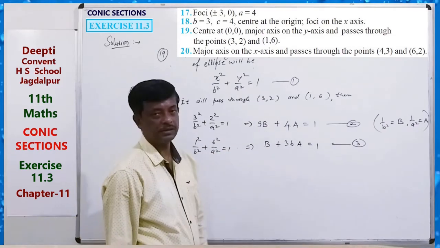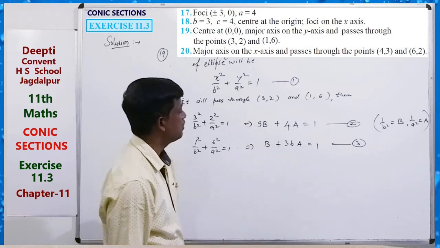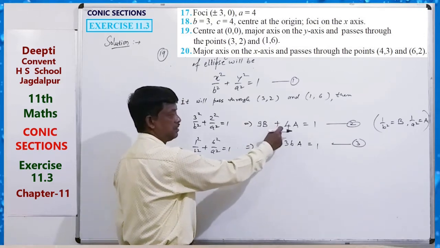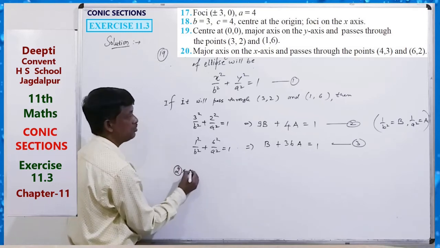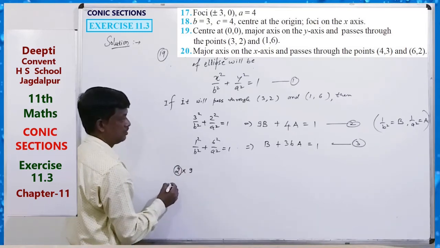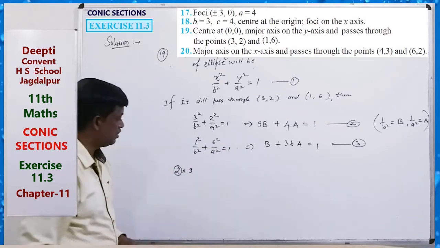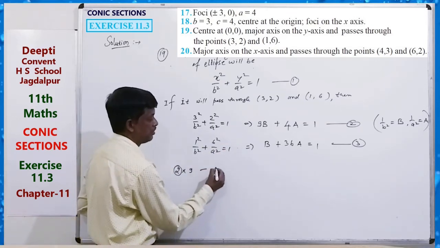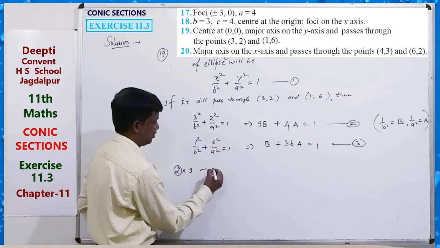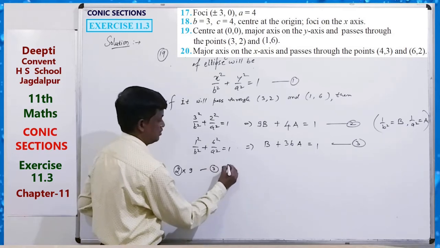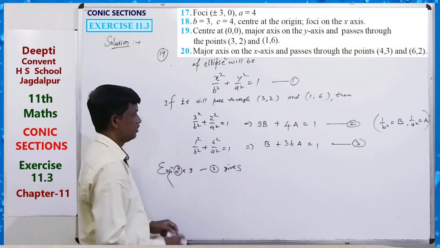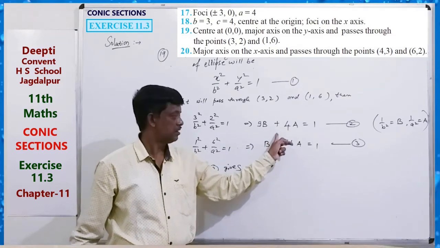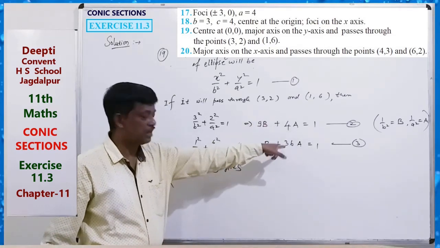Just multiply equation 2 by 9 and subtract equation 3. Means multiply this by 9 and from this subtract this.